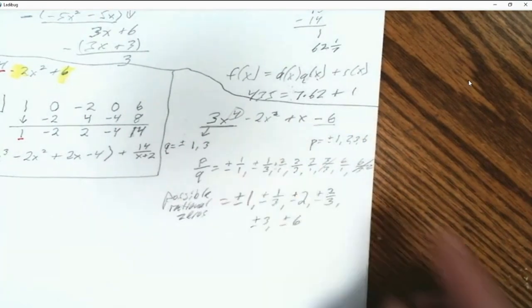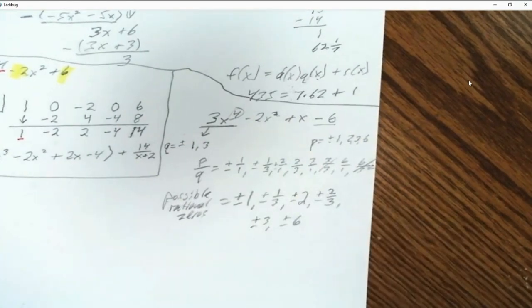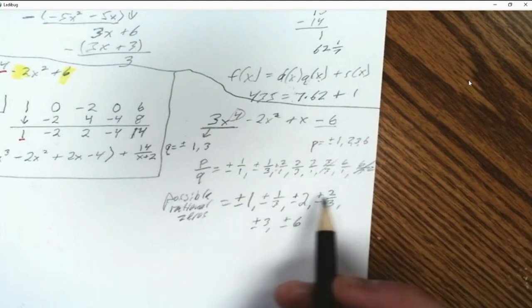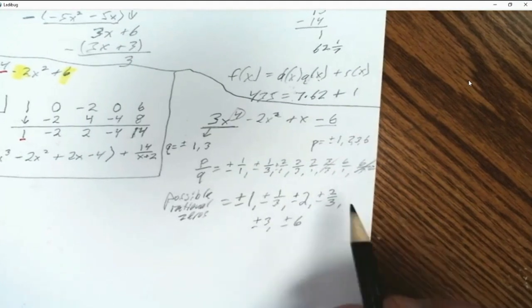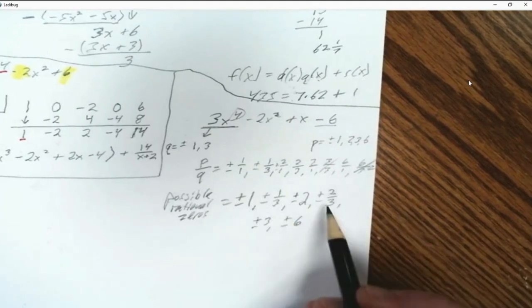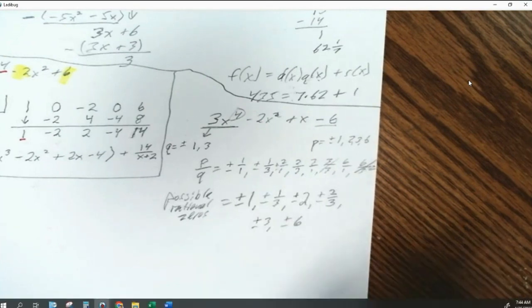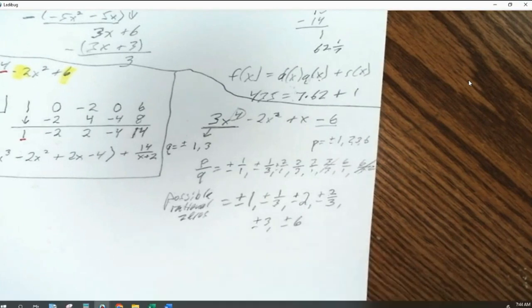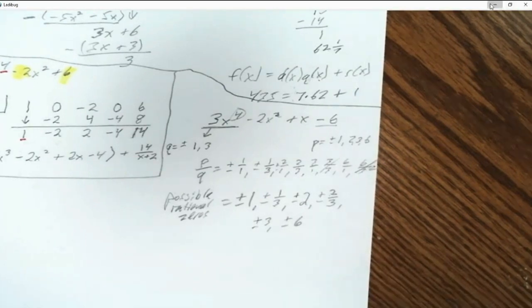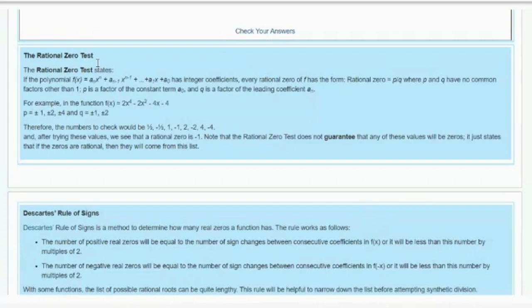Instead of every number in the world, we know now that 0 is not even an option, so x by itself wouldn't factor out of there. We know 4 and 5 are not options, and all the other fractions in between are not options. This is the only possible rational zeros. That's what the rational zero test is saying. So we can check.